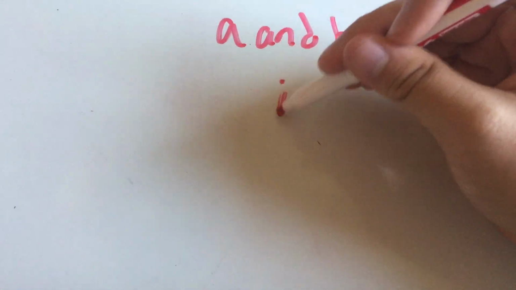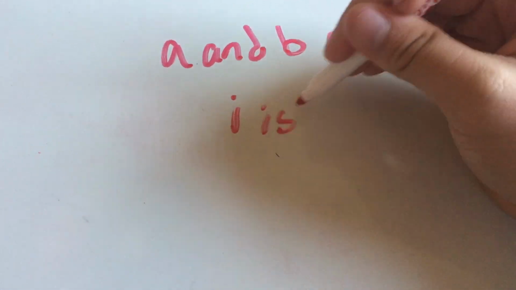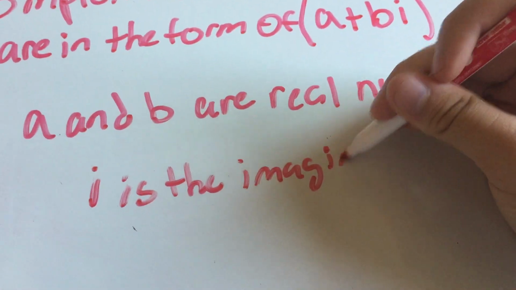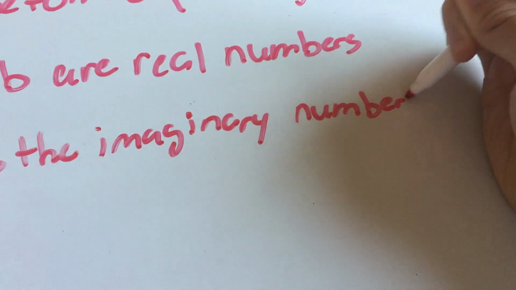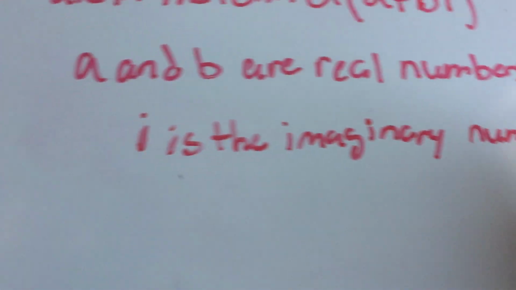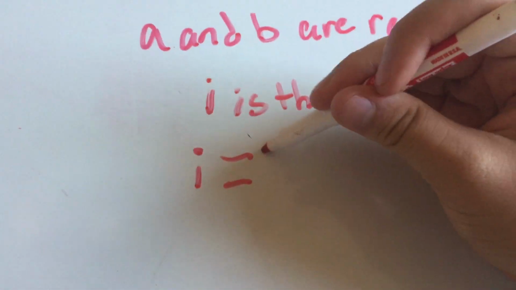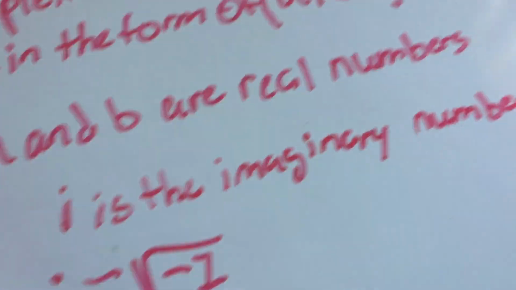And i, you can already guess what i is. i is the imaginary number, and it also equals the square root of -1. Okay.